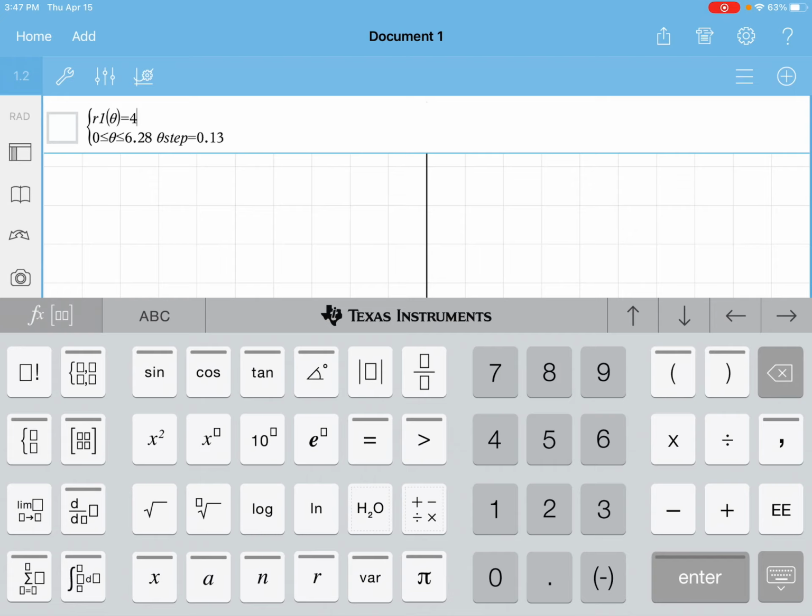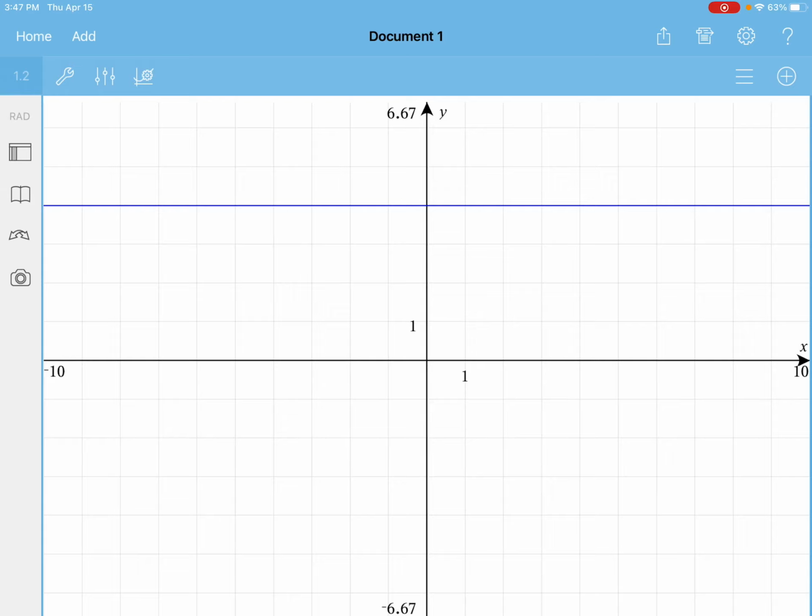And we're going to put in 4 cosecant theta. Let's see, if I hold down on this, I think it gives me cosecant. Nope, one of these is going to give me theta. That was it. Oh, sorry, there we go. Okay, and let's hit enter.